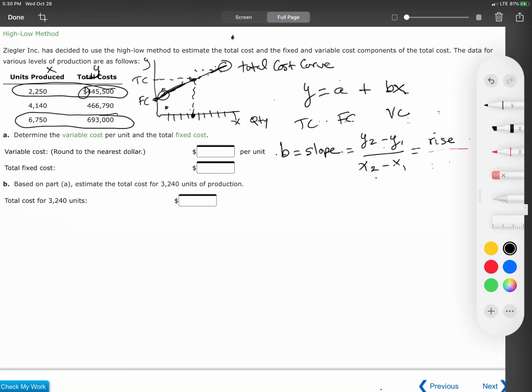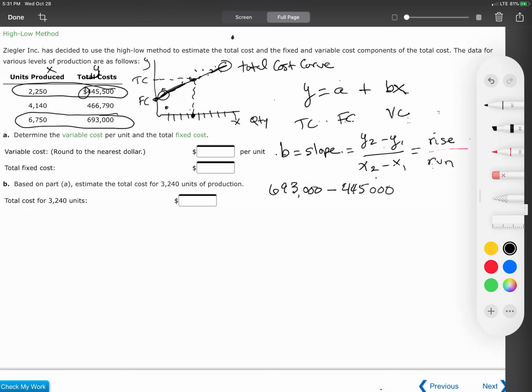B equals slope in this formula, and slope is y2 minus y1 over x2 minus x1. That's sometimes called rise. That's the vertical y-axis. Over run. So let's do this calculation here.